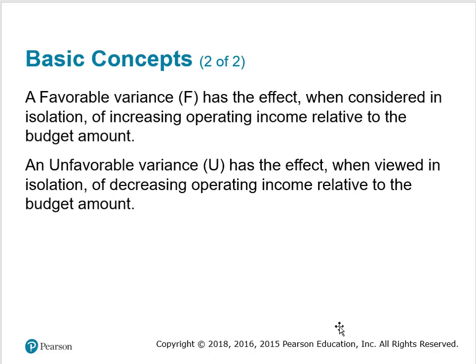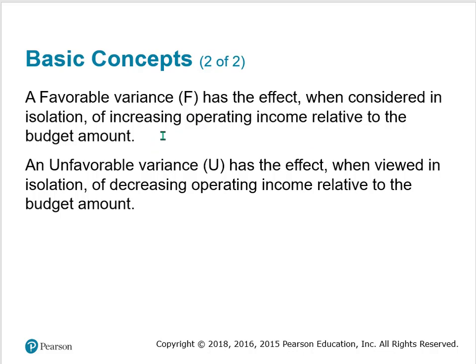The way we evaluate variances is we'll say that a favorable variance has the effect of increasing operating income. Okay, it means like actual revenues exceeded budgeted revenues, for revenue anyway. For cost items, F or favorable means that costs are less than the budget.